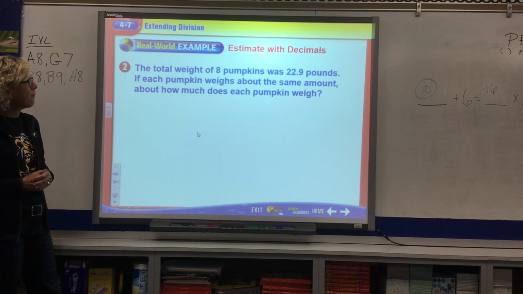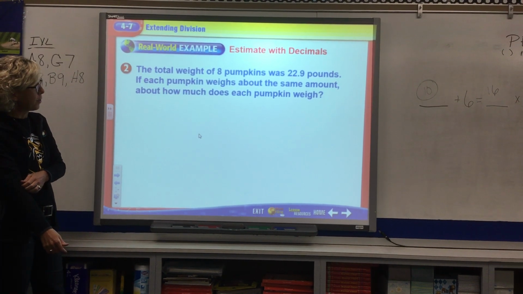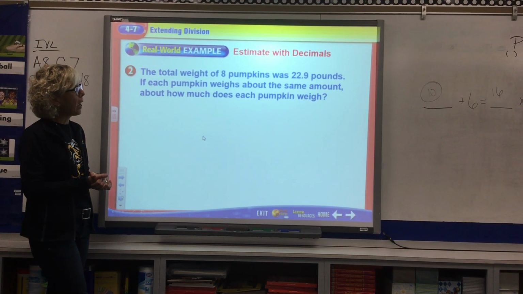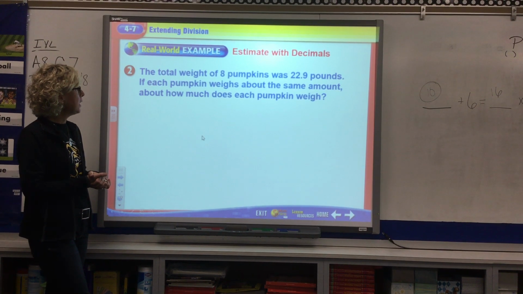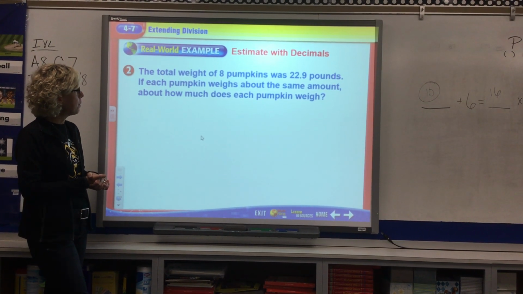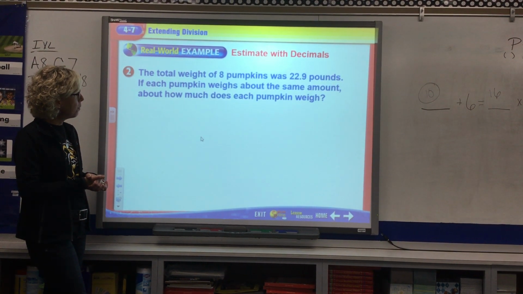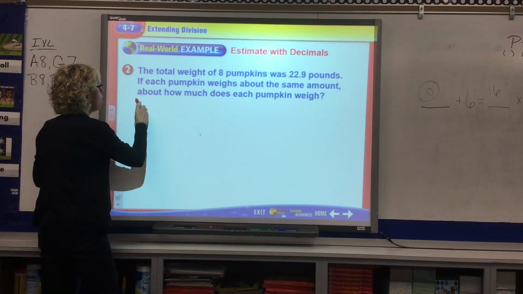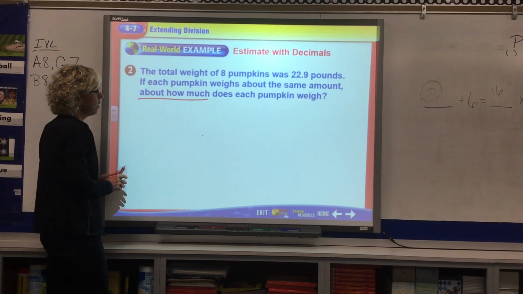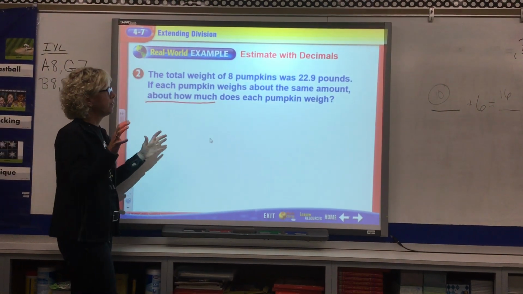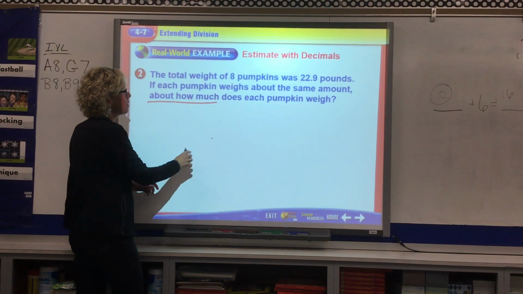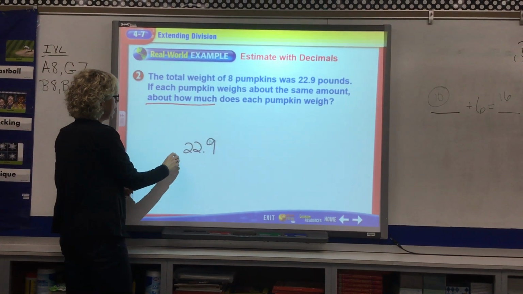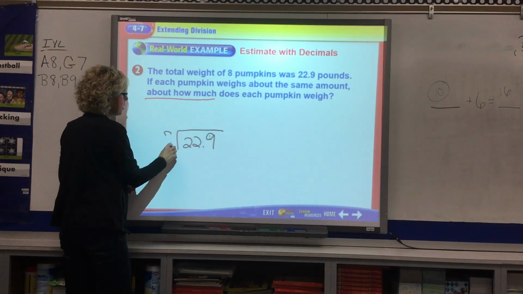All right, so here we have a problem that includes decimals. The total weight of 8 pumpkins was 22 9/10 pounds. If each pumpkin weighs about the same amount, about how much does each pumpkin weigh? Again, "about how much," we're estimating. So the actual division problem that we're solving is 22 9/10 divided by the number of pumpkins, which is 8.